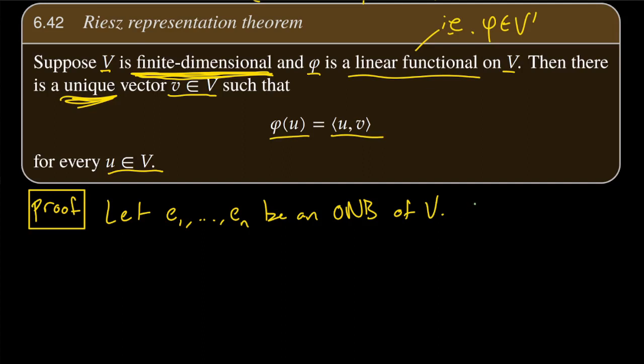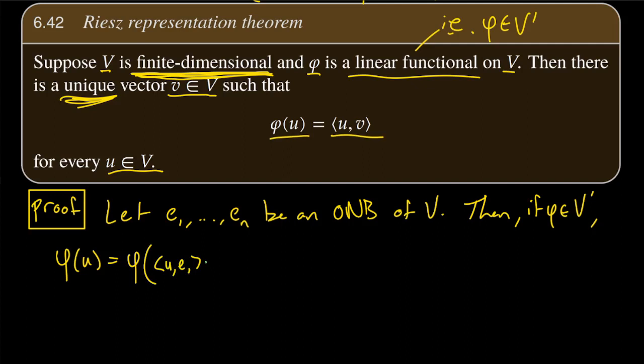Then, here's the nice thing. If phi is in V prime, we get the following. Phi of u is equal to phi of, check this out, the inner product of u with e1 times e1 plus all the way down through the inner product of u with en, scaling en. And this is because you can write u in this form.